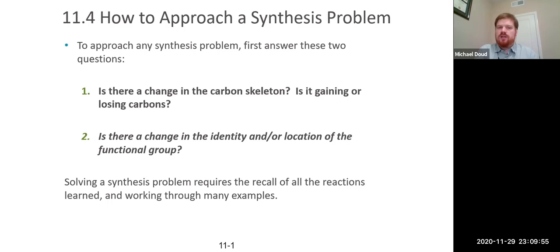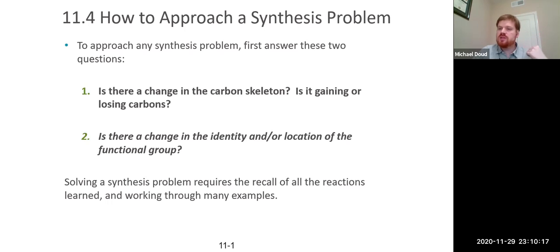So whenever you run into this type of problem, and we have more practice in the PDF down below. So if you don't believe me, open up that PDF, print it out, take a look at it, and hopefully that'll make sense. When you start this synthesis problem, you have two questions that you want to answer. Number one, ask yourself, is there a change in the carbon skeleton? Is it gaining carbons?